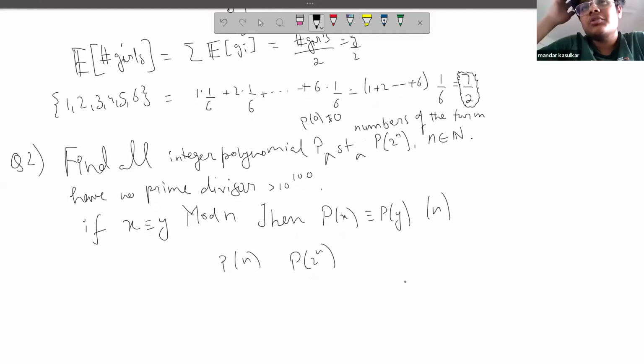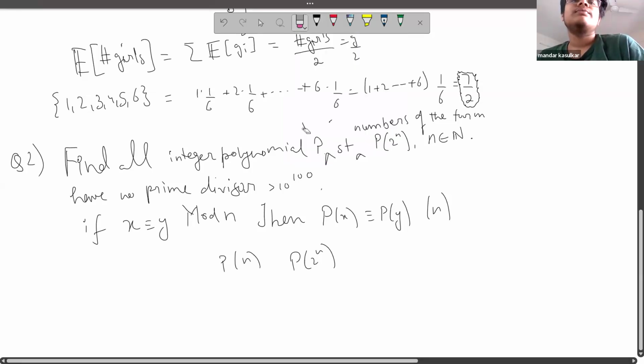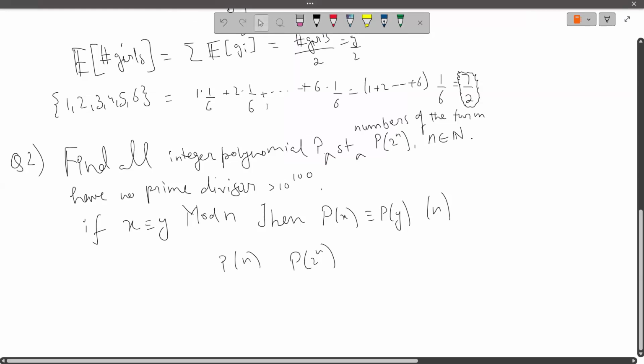Actually, you can let p of 0 equal 0 and you would just get more stuff. We'll just get p of x equal to x, or p of x is cx, which works where c has no prime greater than the bound. Yeah, cx. Aritra, continue.